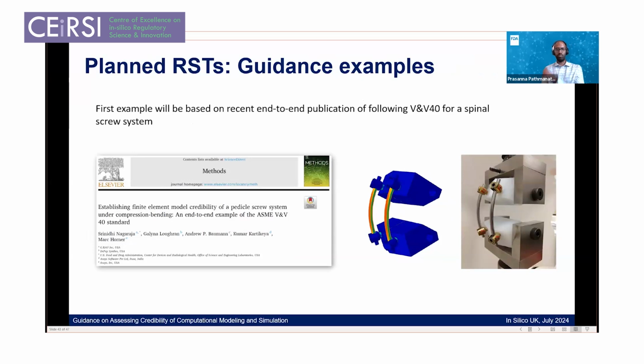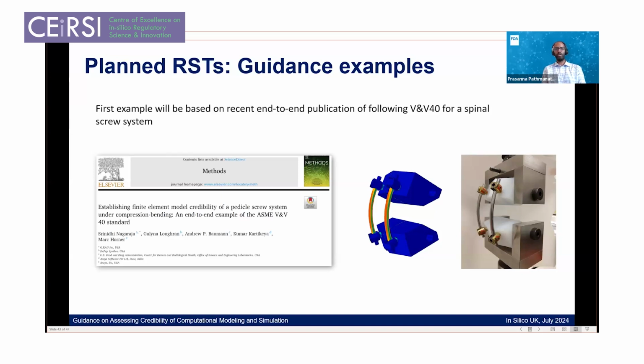The first one is a planned one. I've gone through the guidance framework and provided some idea of what would be involved in following it, but I haven't presented an end-to-end example of following the guidance. And the guidance itself, which is a very big document for a guidance, also doesn't include any end-to-end example.